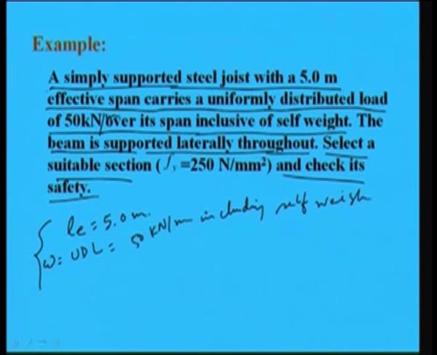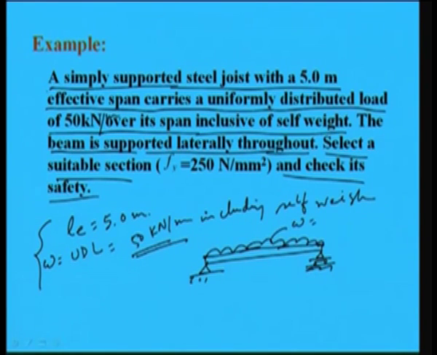We are assuming that the total load coming is 50 kilonewton per meter, which includes self weight, dead load and other things, and this is a simply supported steel joist. So, it is like this, a simply supported steel joist, right. This has a UDL of W equal to 50 kilonewton per meter, and of course, the effective length has been given, LE equal to 5 meter.